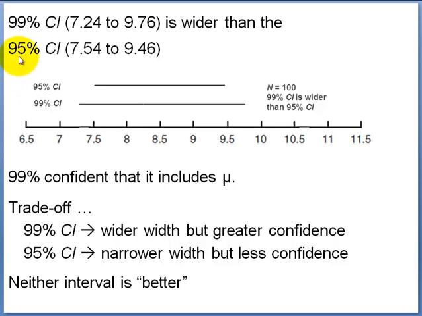Let's compare our 95 and 99% confidence intervals of the mean. In both of these examples, sample size is 100. And observe that the 99% confidence interval is wider than the 95% CI.